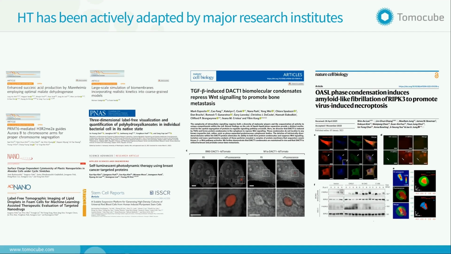For example, in this case, Princeton University used HT to study biomolecular condensates in the context of bone metastasis and so on. Those are a few examples of how early users have pushed the limits of science by introducing the holotomography system in their study of 2D and 3D biological systems.